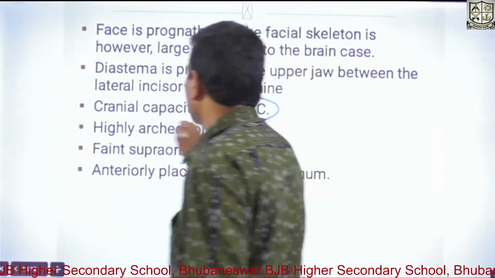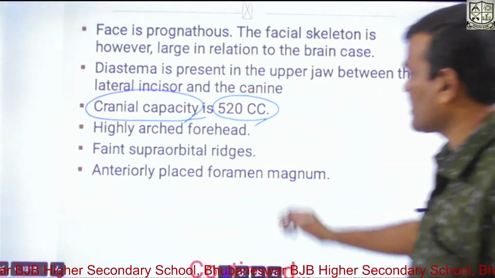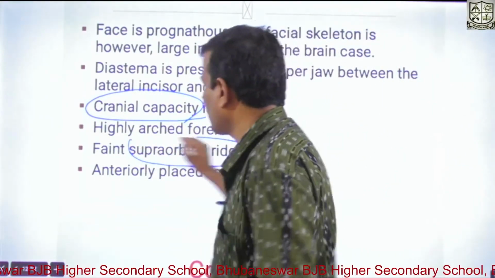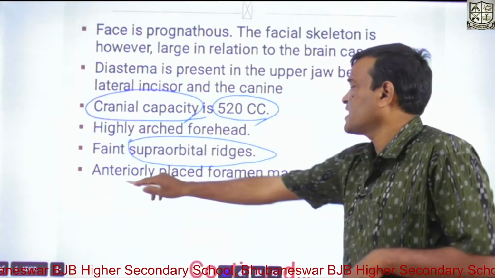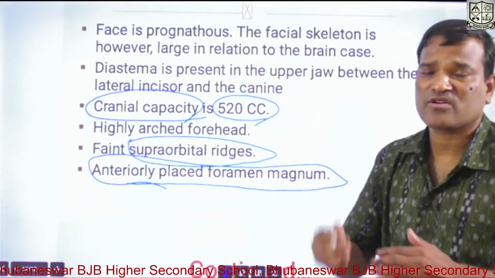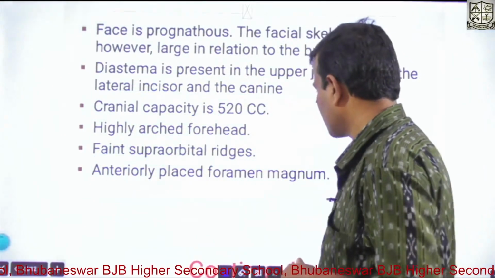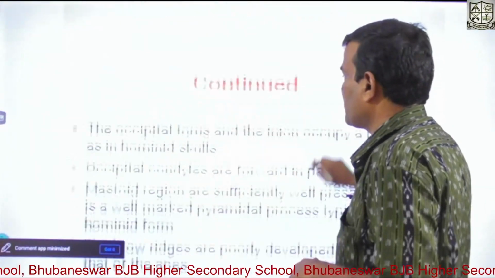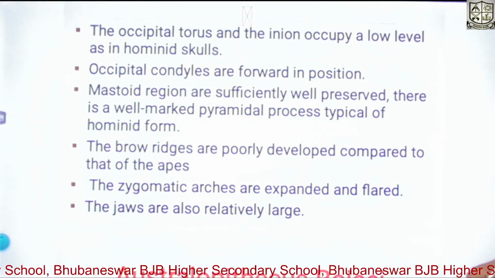There is a high arched forehead, faint supraorbital edges, and an anteriorly placed foramen magnum, so bipedal or hominid characters were developed as per the skeletal remains. The occipital torus and inion occupy a low level as in the hominid skull.